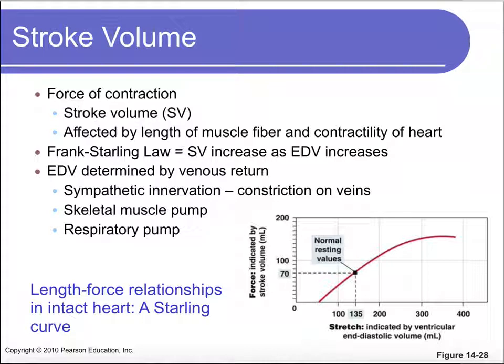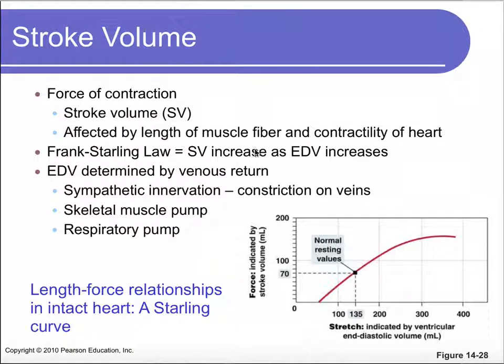And so the more we stretch our heart muscles, the more our sarcomeres are going to get stretched. And what we want is we want the stretching of our sarcomeres to cause our sarcomeres to contract with more force. And so we want our sarcomeres to function shorter than optimal so that the more we stretch, the closer to optimal we get, and so the more force we will produce. And so that's our Frank-Starling law.